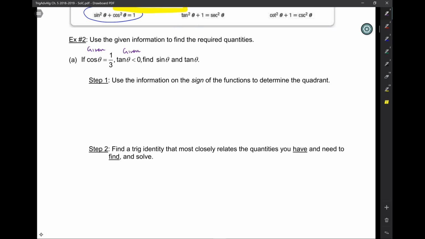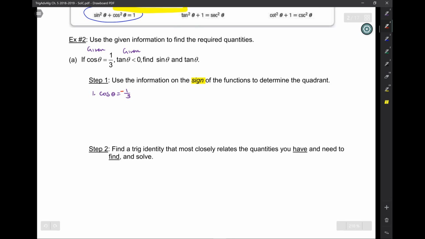Step 1: use the information on the sign of the functions to determine the quadrant. One piece of information tells me cosine of theta is 1 over 3. Believe it or not, there is an important piece of information there that we glossed over: cosine of theta is positive 1 over 3.